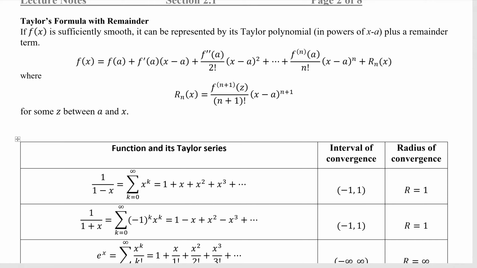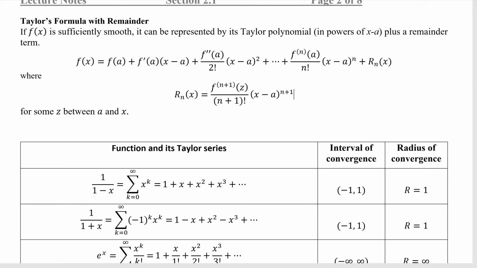It depends on our formula, because we might need n plus 1 derivatives, so all the nth derivatives exist, up to the order we want. If f is sufficiently smooth, it can be represented by its Taylor polynomial, which is in the powers of x minus a, plus a remainder term.